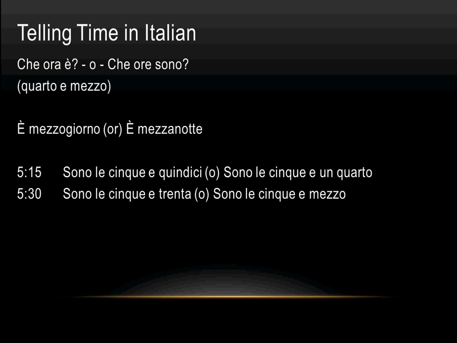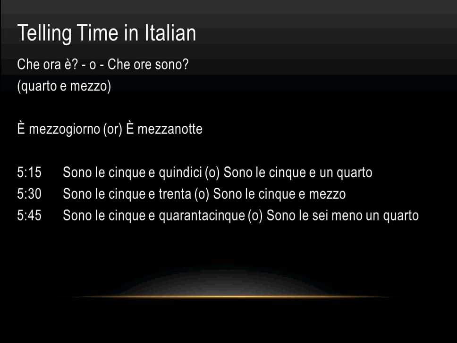Now can you guess what the next one's going to be? 5:45. But we're going to do it the same way we do numbers beyond the 30 mark. We could say sono le 5 e 45, or we can say sono le 6 meno un quarto. It's 6 minus a quarter, or it's a quarter to 6. So focusing just on using quarto or mezzo, let's go down there real quick.